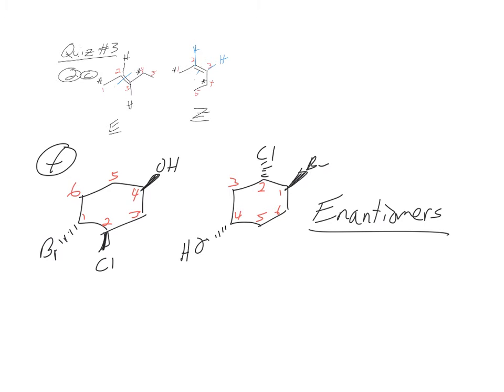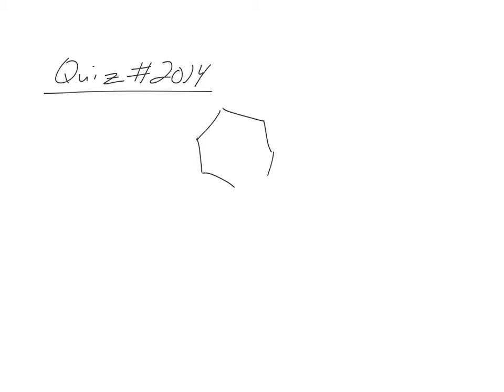Good. So sticking with quiz 3 again from last year, from 2014. It says, how many possible stereoisomers are there for the following compound? Now this is a little bit of a trick. This is a 7-membered ring.